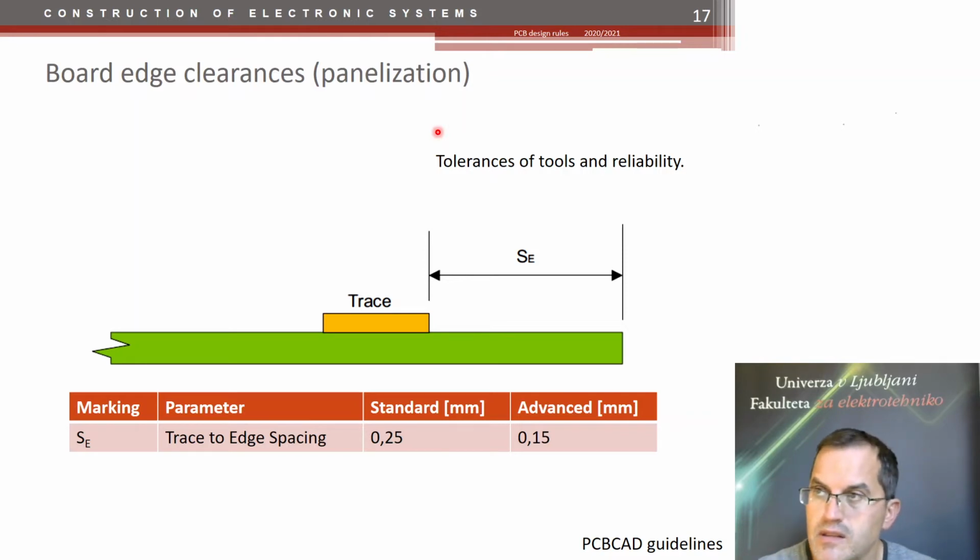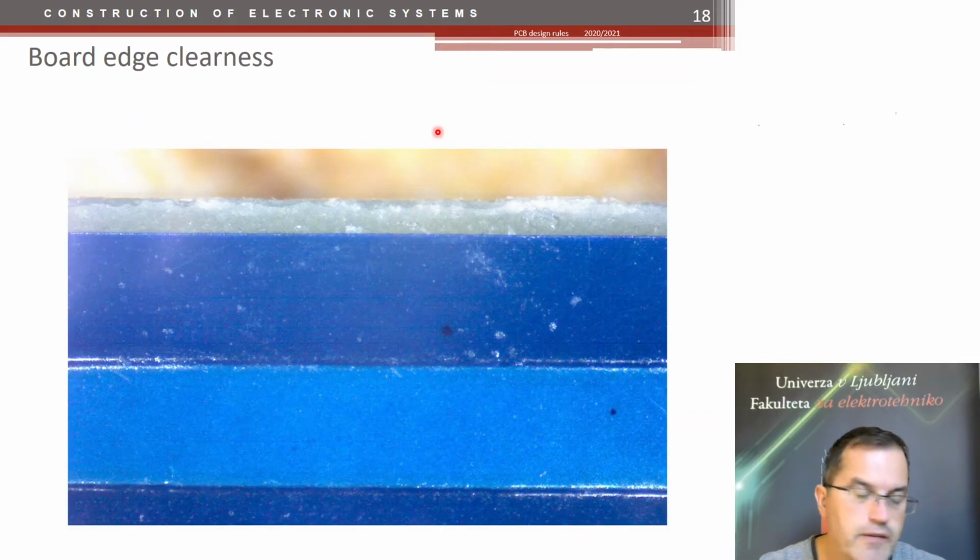And the reason why you would go so close, of course, is when you make really small PCBs and you don't have any space. And here, if everything goes smoothly, you still have a problem with your edge.